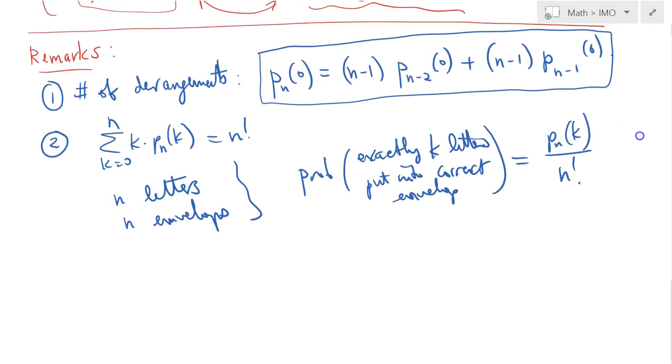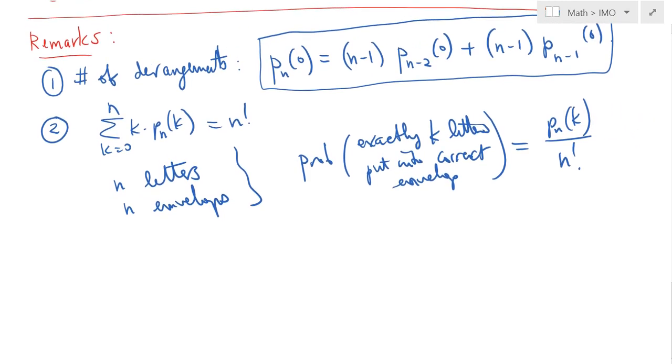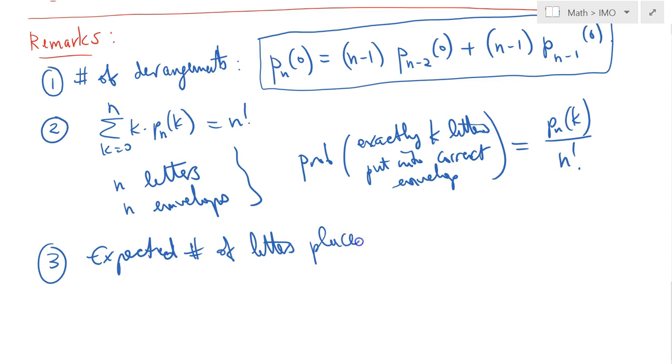So secondly, if you further focus on the following, you would also recall that this is thirdly a second interpretation actually. The expected number of letters that are placed correctly.